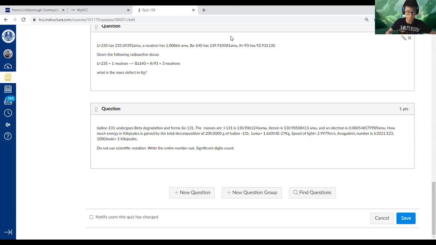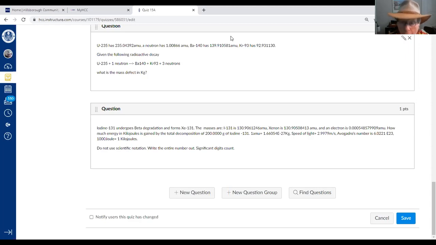So basically what we do here is you have I-131 going to xenon-131 plus an electron, right? Does that make sense to you, Ethan? Yeah, I guess that undergoes beta decay. Yes, it loses an electron, okay?